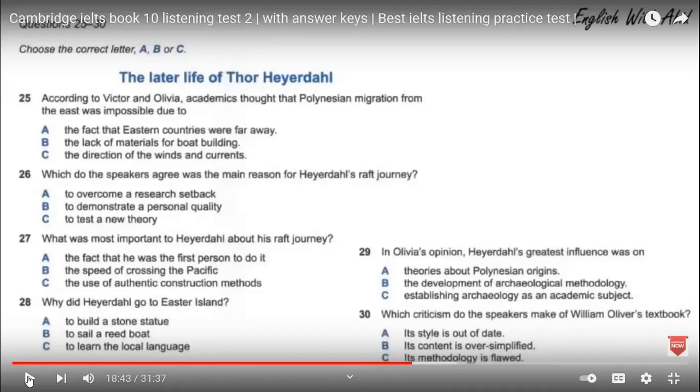C. Actually, the answer for 28 is A, to build a stone statue. Because first of all, they show that actually to learn the local language, but then they also change their answer. Okay, what about 29?